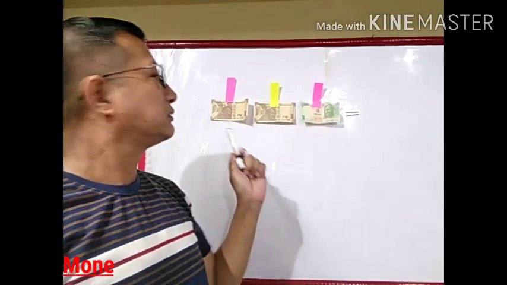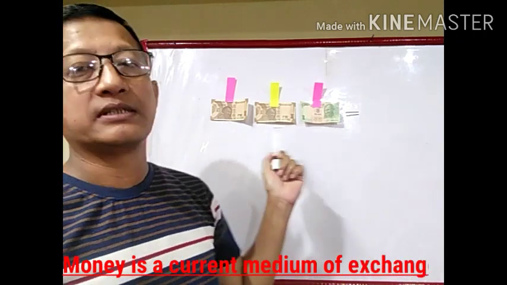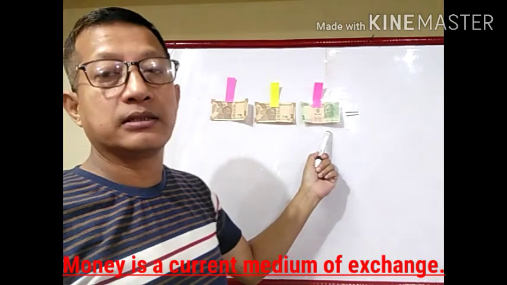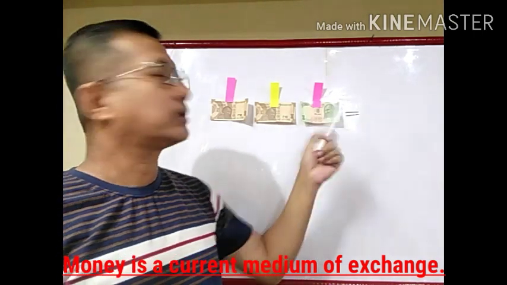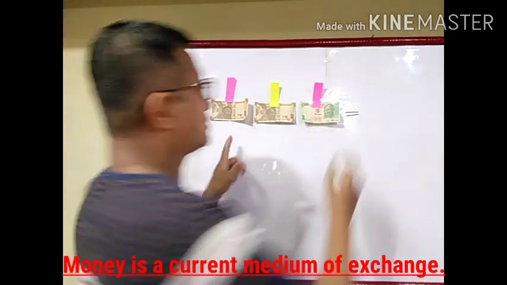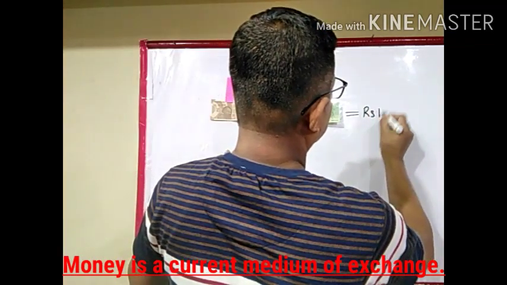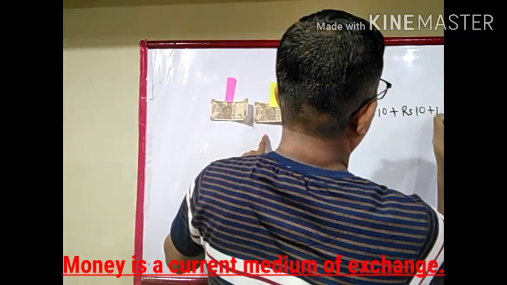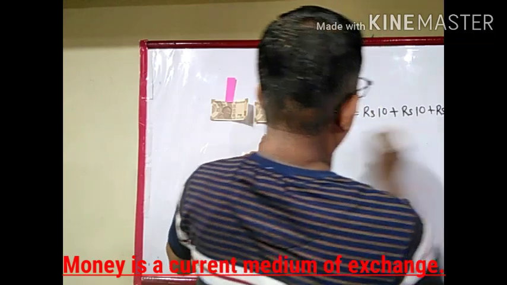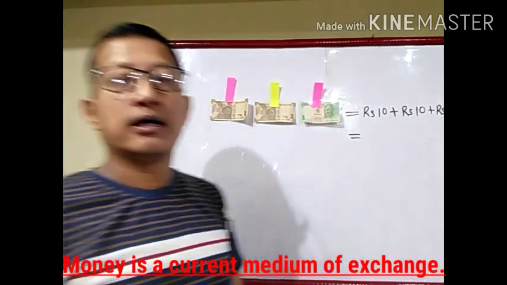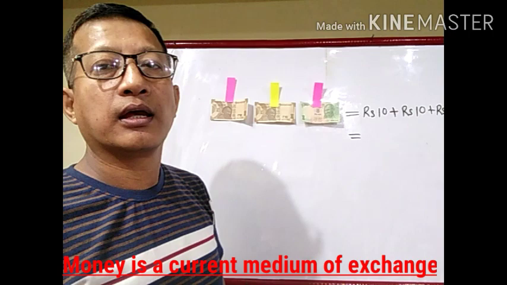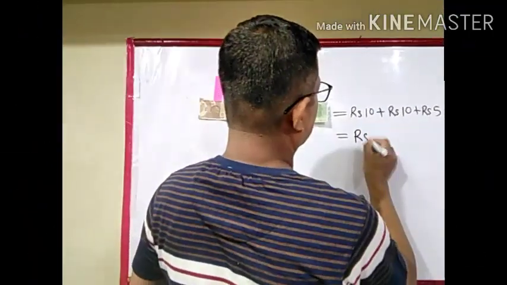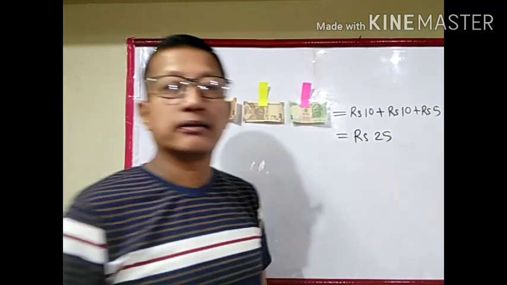See here, some notes I have pasted. This one is 10 rupees, this one again 10 rupees, and this one is 5 rupees. Then total is how much? 10 plus 10 plus 5 equal to 25.